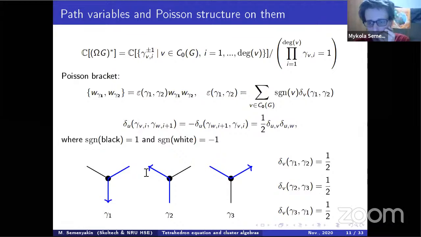Yes, this is the definition. So it's kind of a different statement from the statement with another bracket. Why? These two brackets coincide. This is a definition from their appendix.